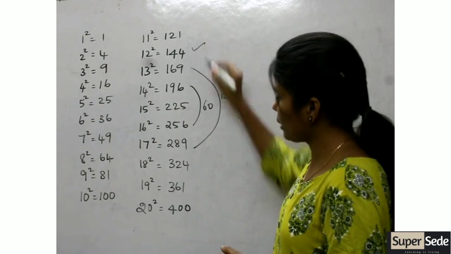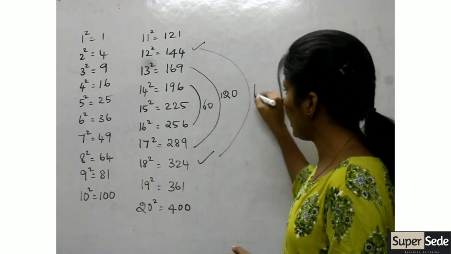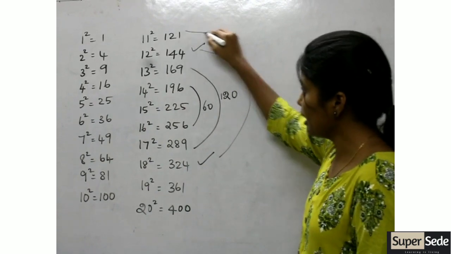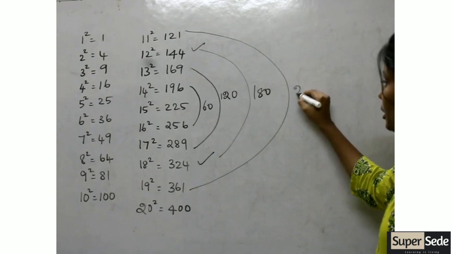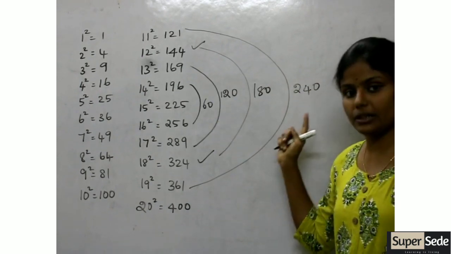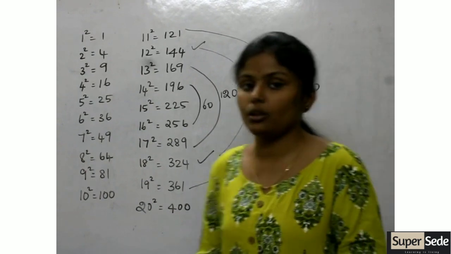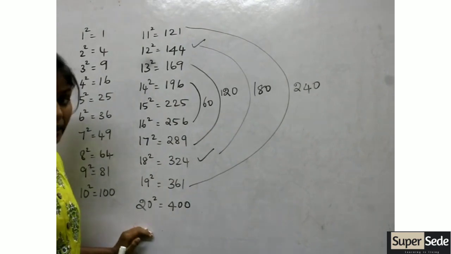Likewise, 12 square and 18 square will have a difference of 180. Similarly, 11 square and 19 square have a difference of 240. All of the differences are multiples of 60. In this manner you can remember all the squares from 11 to 20.